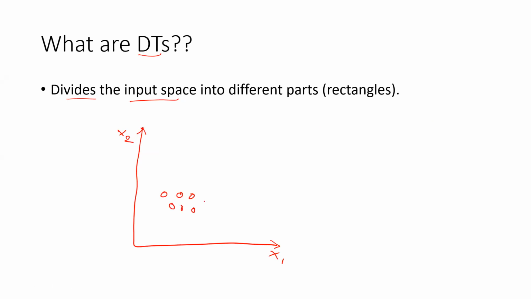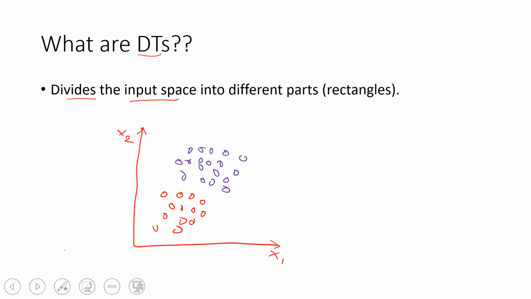These are the examples of one class, and these are the examples of another class. Let's assume this is a 3-class classification problem, so one more class we can show in a different color, let's say green. It is a very simple example, but the input space is two-dimensional because there are only two features.